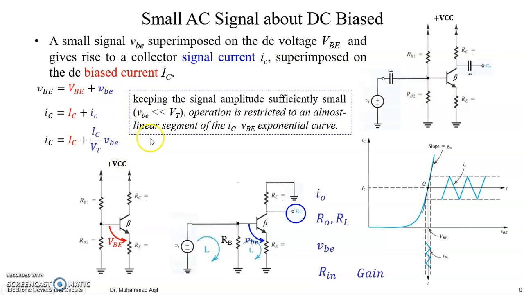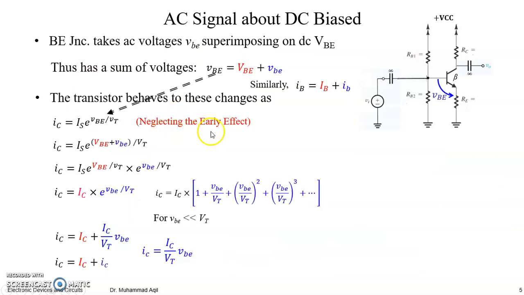We have seen that when both supplies, the biasing supply and the input signal to be amplified, work together, the BJT has to behave for the total voltages and currents.